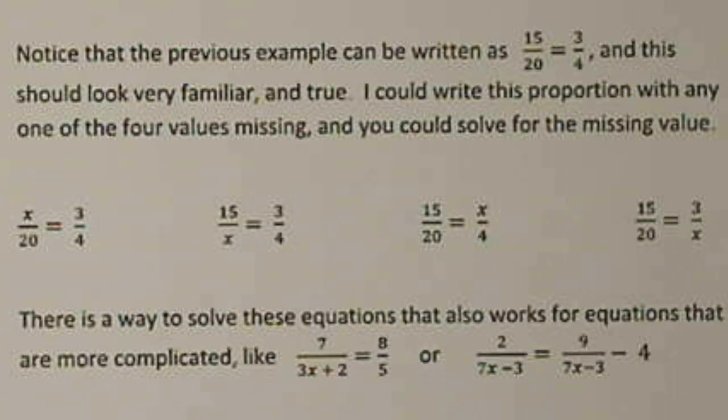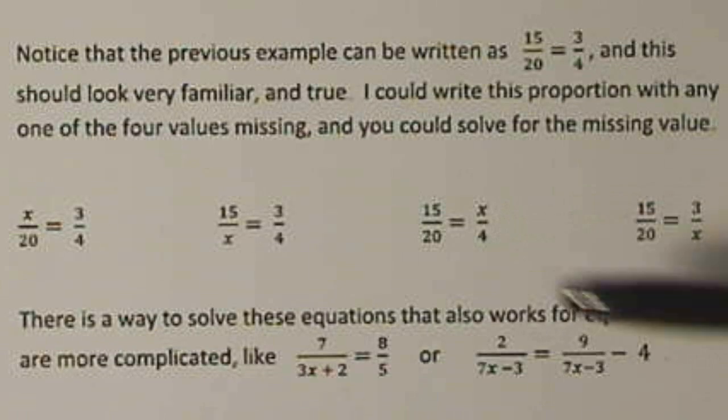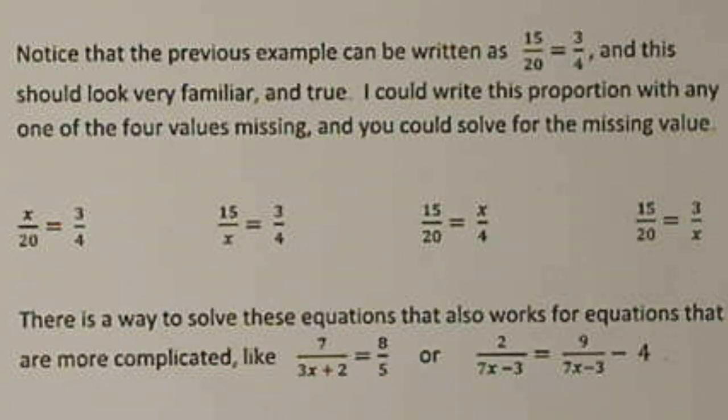This is usually how we give you the proportions. This is a little more complicated, but this is still a proportion. Over here, this is not a proportion, this is a rational equation. But we're going to solve it the same way as we solve the ones up here, just to reinforce that you can use the same approach each time.